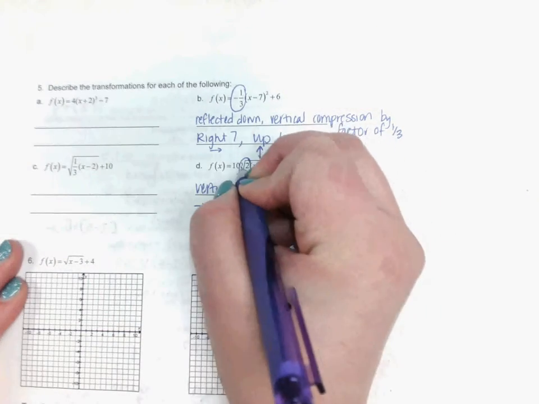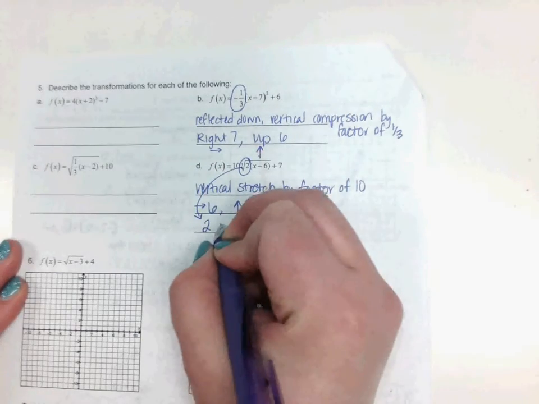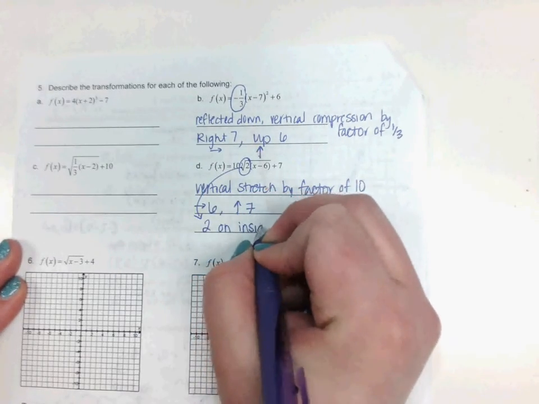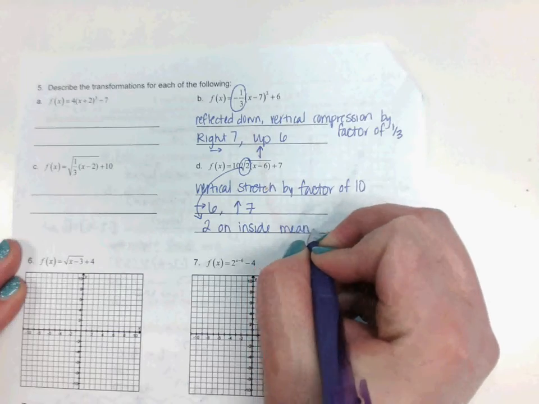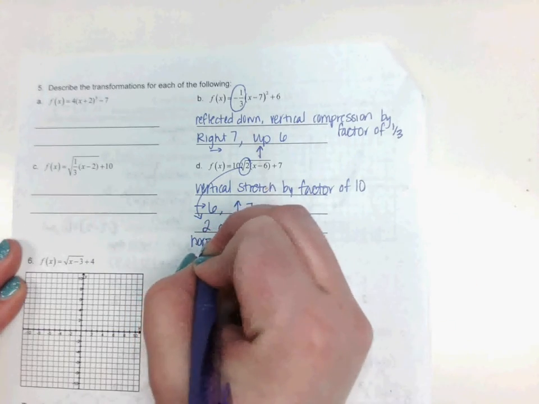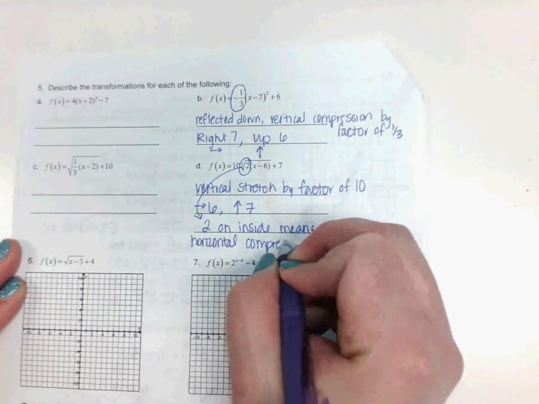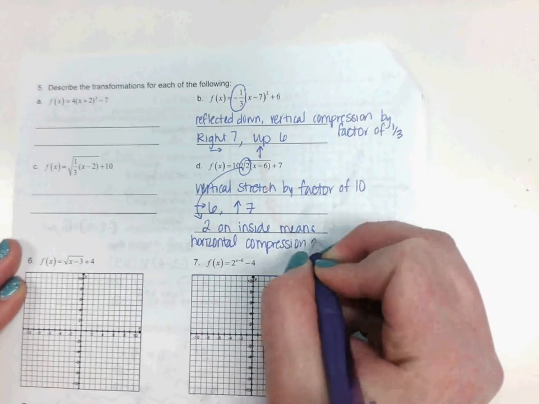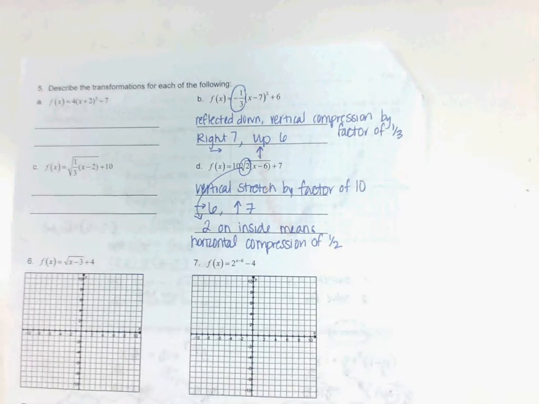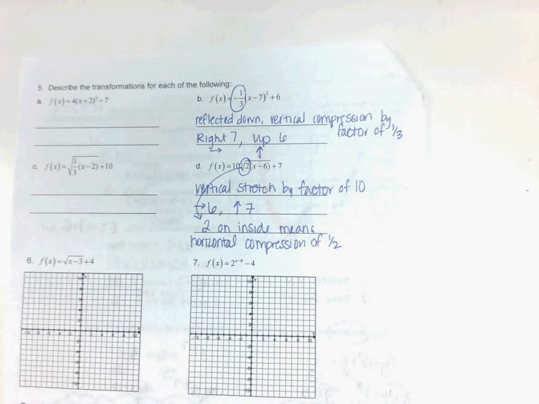So this 2 on the inside means horizontal compression of a half. So remember, if it's on the outside, bigger than 1 is a stretch, smaller than 1 is a compression. But when it's on the inside, it does the opposite.